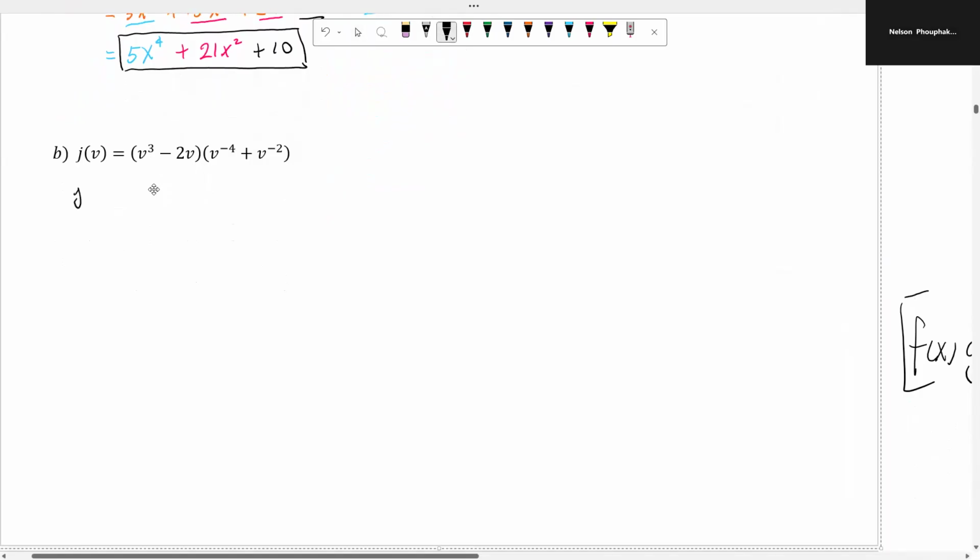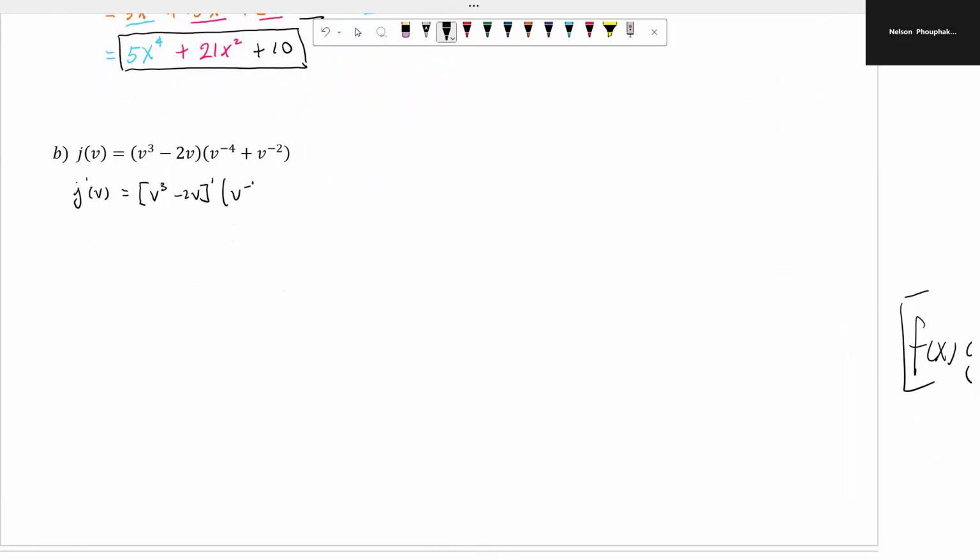So we start with J prime of V. Then again, we take the derivative of V to the power 3 minus 2V times V to the negative 4 plus V to the negative 2. And we add V to the power 3 minus 2V and take the derivative of V to the negative 4 plus V to the negative 2.